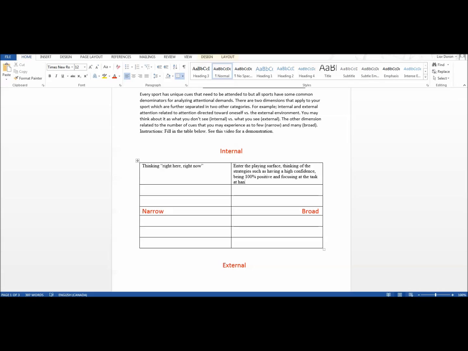In this case, it is broad and internal. Broad because it's two or more, internal because it's something you're thinking about.